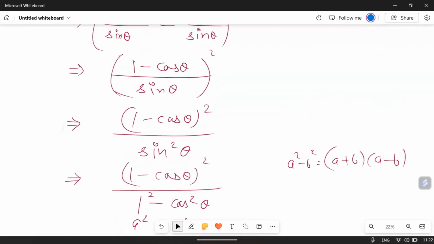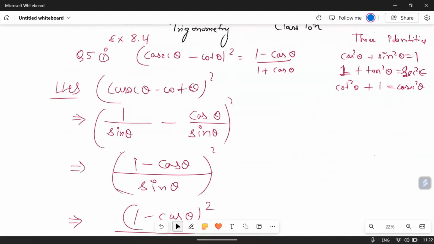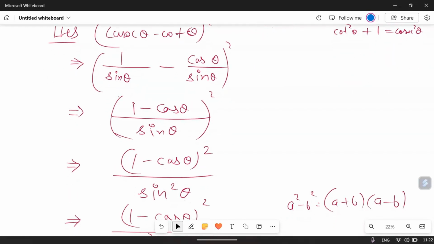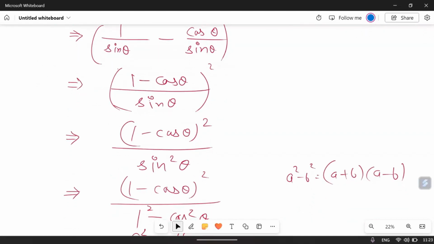You can check once again. Cosec theta minus cot theta. Since we cannot use the identity of square, we are just converting into sine theta and cos theta form. So cosec can be written 1 by sine and cot can be written cos by sine. Now taking the LCM, this step will come by LCM. After taking LCM, we are separating the square.